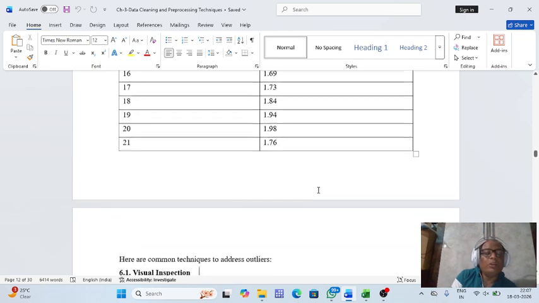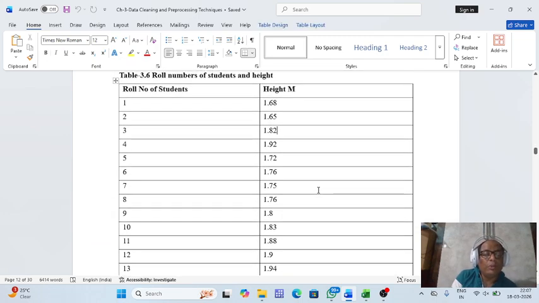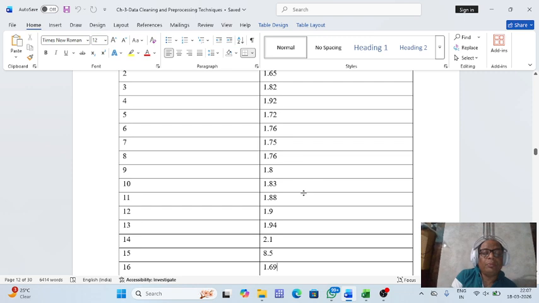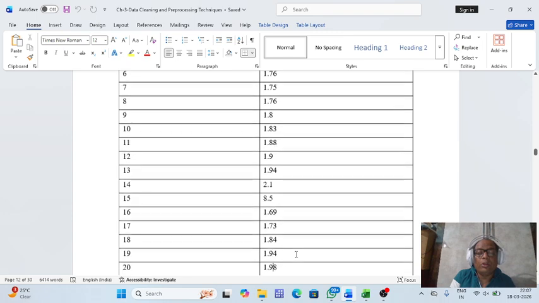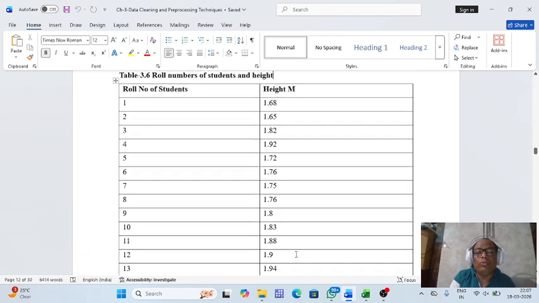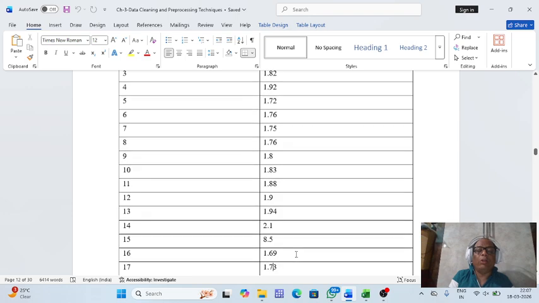If you see the data, roll number 15 is an outlier because it is showing 8.5 meters of height, whereas most of the students' heights are between 1.5 to 2 at most. So this means that this value is an outlier.